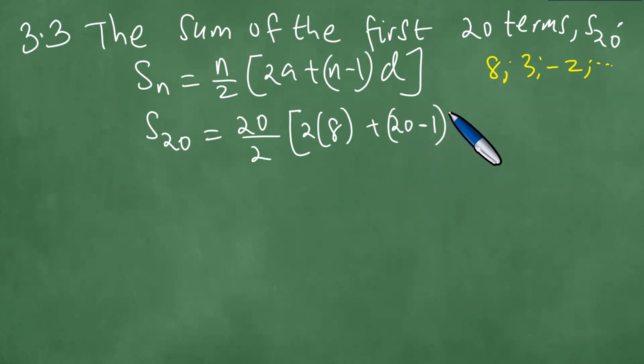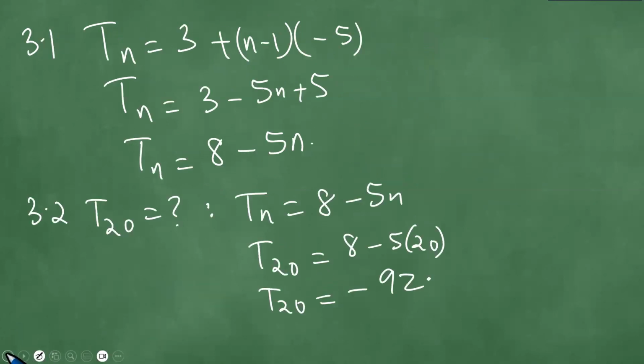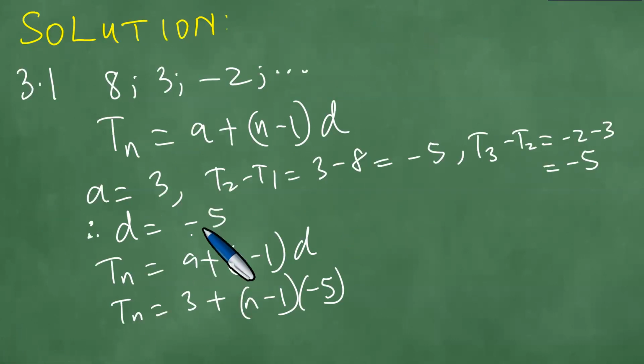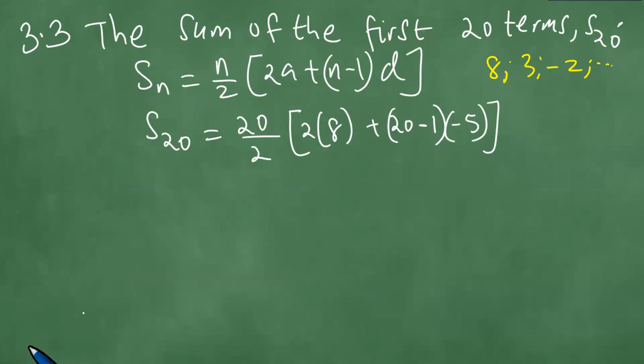The common difference is minus 5. What do you think it is? Minus 5, the common difference. Well done. We got it here in the beginning, so there's no need for us to repeat it again.